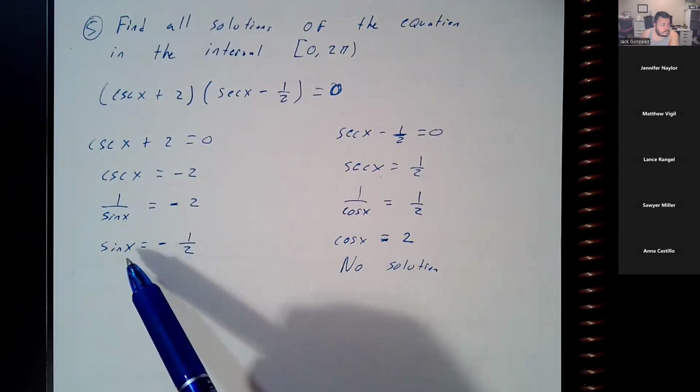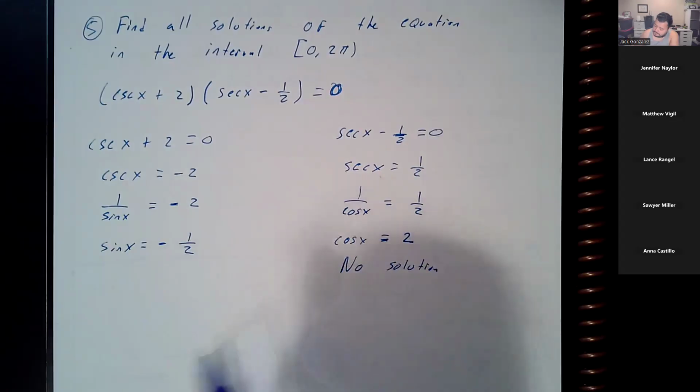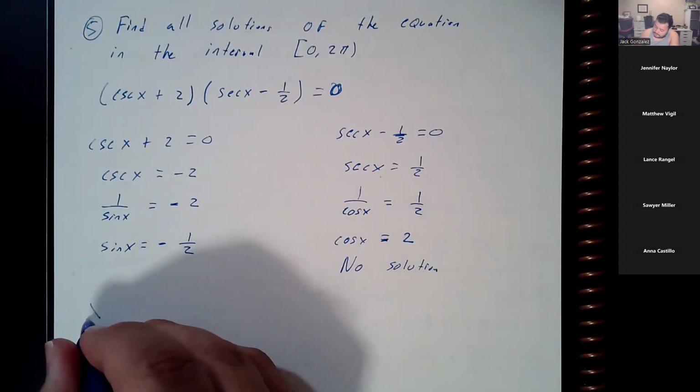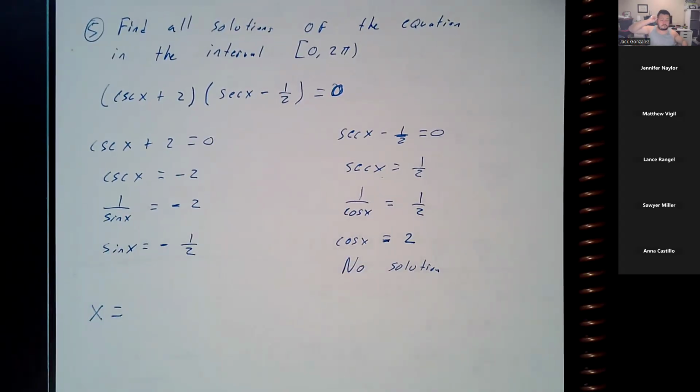So which angles is sine equal to -1/2 on the circle? 7 pi/6 and 11 pi/6.